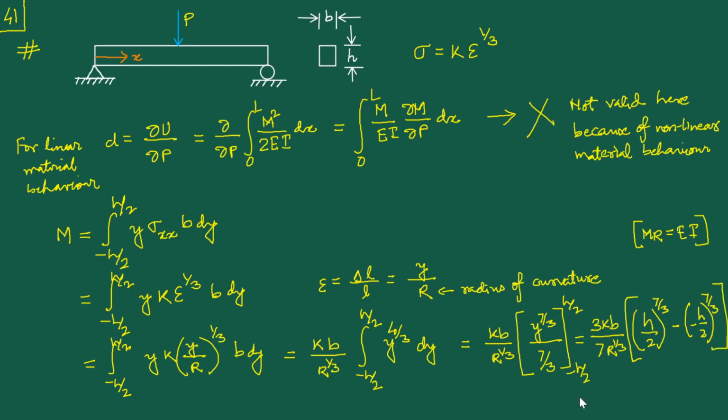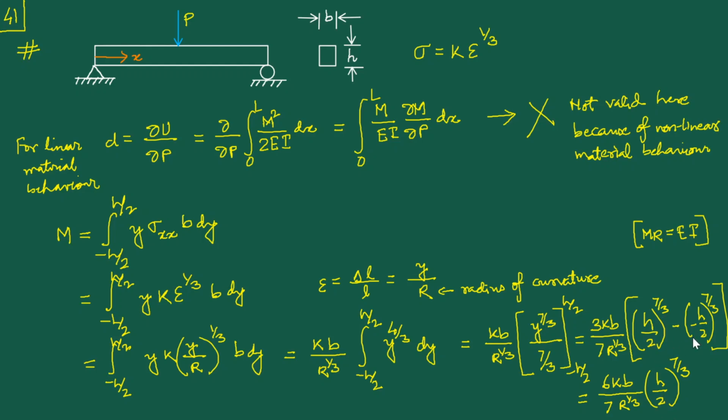So overall, what this will give me is twice of (h/2) to the power 7/3 over here, and together that is going to give me 6kb/7, and 7 remains as it is, and there is this (h/2) to the power 7/3.